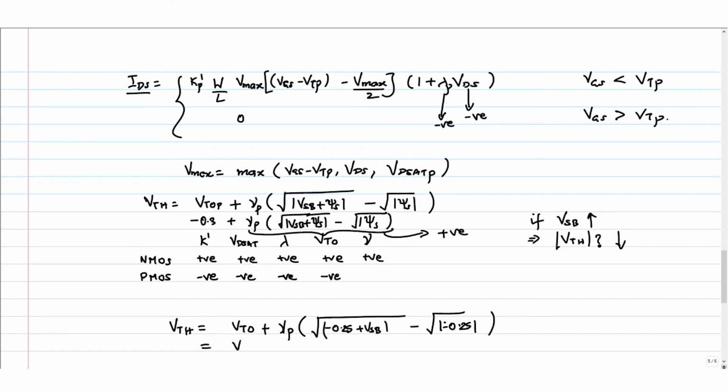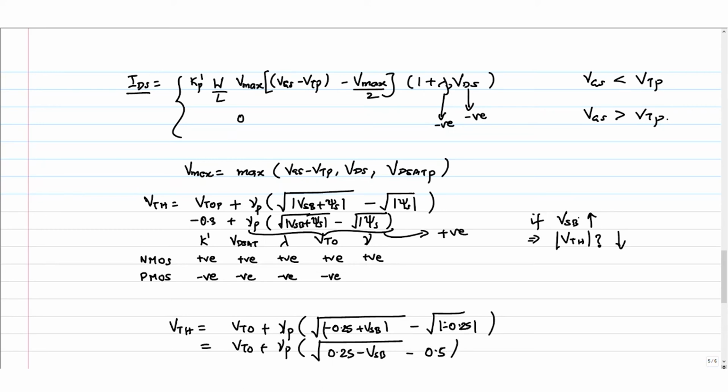Vt naught plus gamma P into, this will become 0.25 minus VSB. I am assuming VSB is less than mod psi s. You cannot arbitrarily increase VSB beyond 0.25 volt, 0.3 volt and all that. Some small deltas is acceptable, minus 0.5.